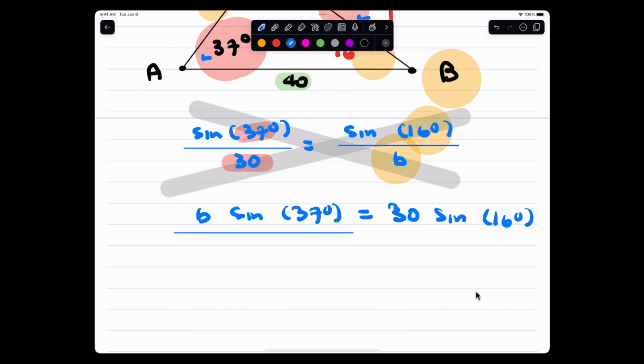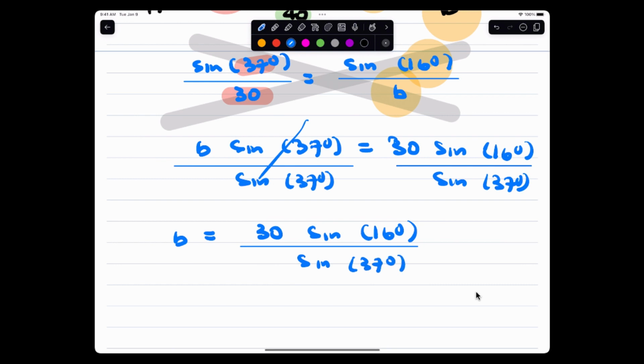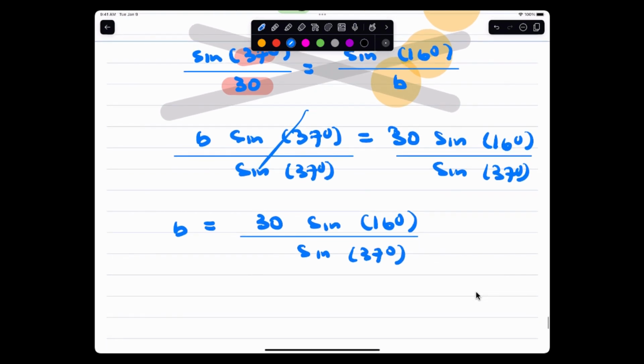Divide both sides by sine 37. And little b is 30 sine 16 over sine 37.